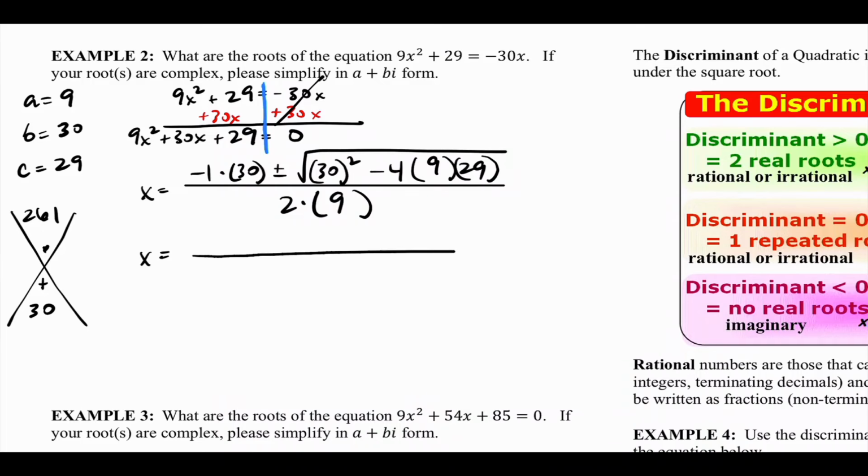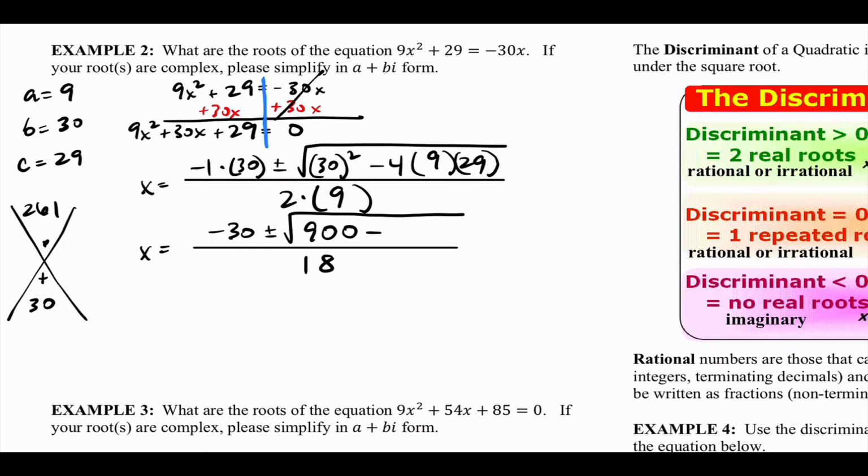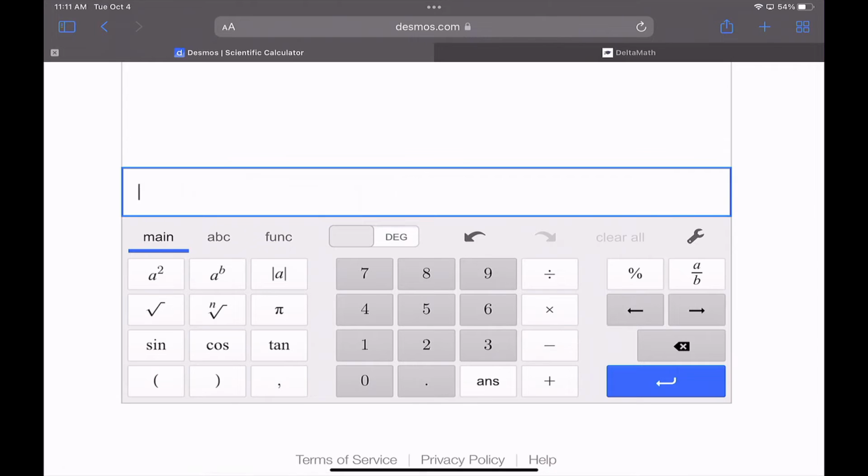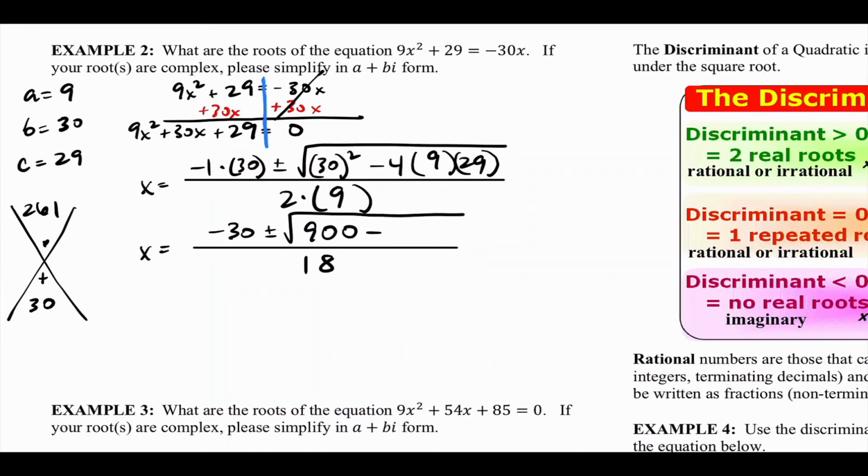So let's see. Negative 30 plus or minus. I get 18 down here. 30 times 30 is 900. Negative 4 times 9 times 29. Negative 1044.